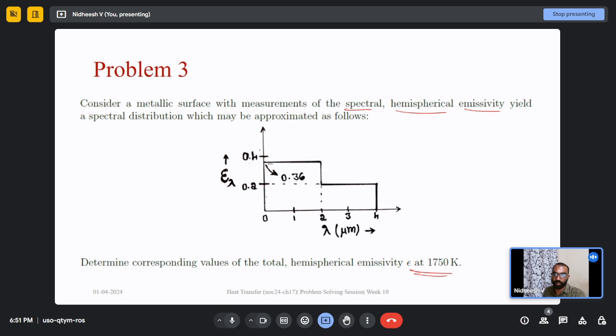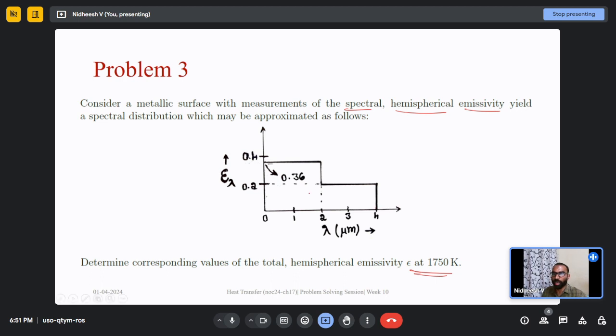First let me explain this plot. On the x-axis we have the wavelength at which the thermal radiation is being emitted, wavelength lambda in micrometers: 0, 1, 2, 3 and 4 micrometers, extending to higher values also.